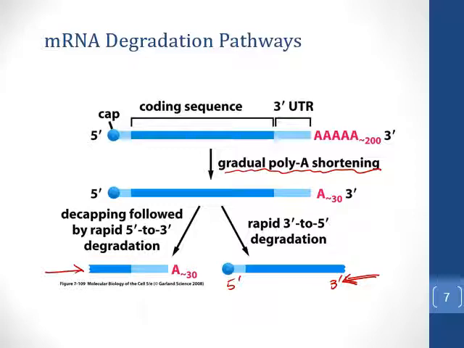We said that that's going to attach to the poly A tail. As the poly A tail gets shorter, then that's going to eventually lead to decapping, because there is no poly A tail to interact with the 5' cap anymore. And without that interaction, the 5' cap is going to be removed, and now we can get degradation in that direction.